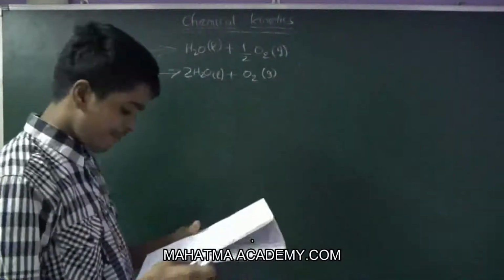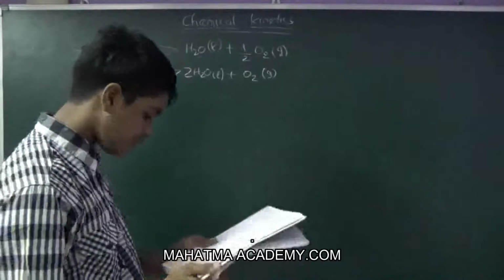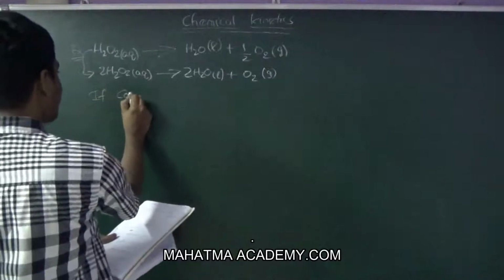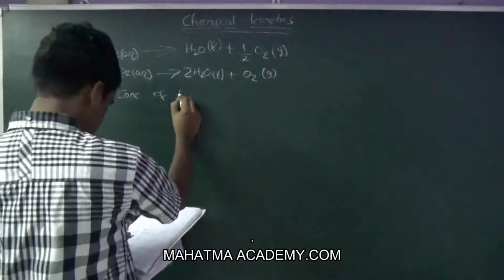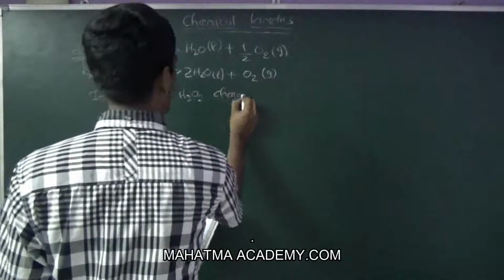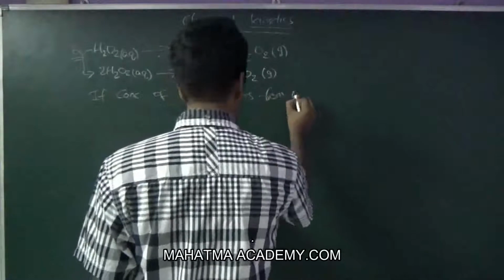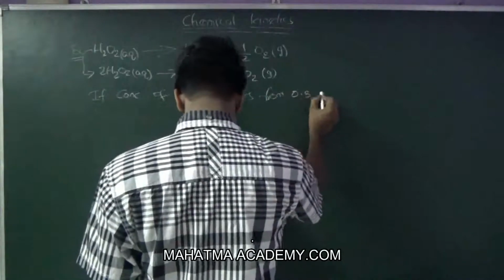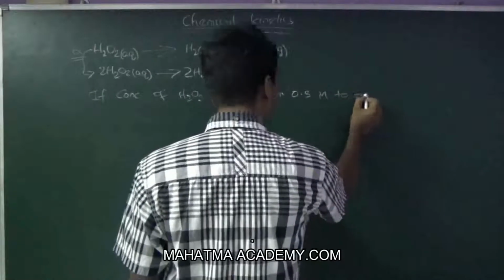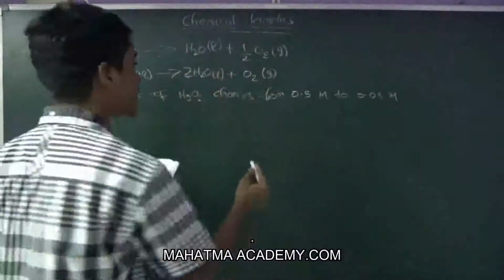Now we want to find out that if the concentration of H2O2 changes from 0.5 molar to 0.05 molar in 30 seconds.